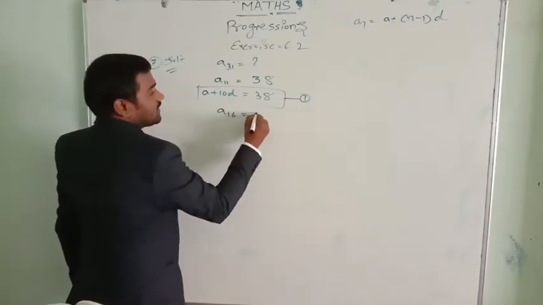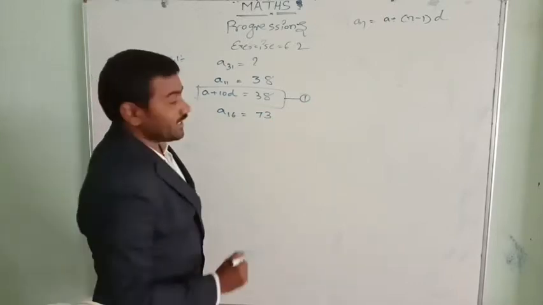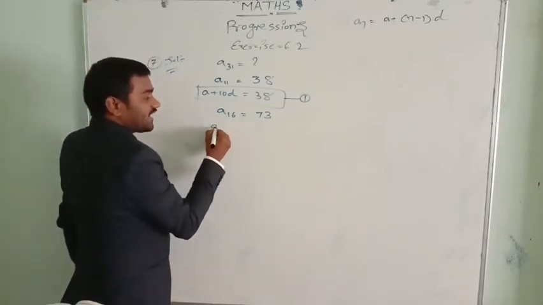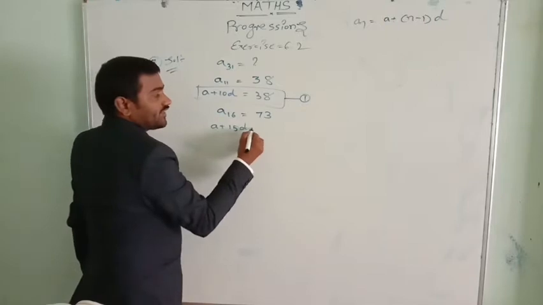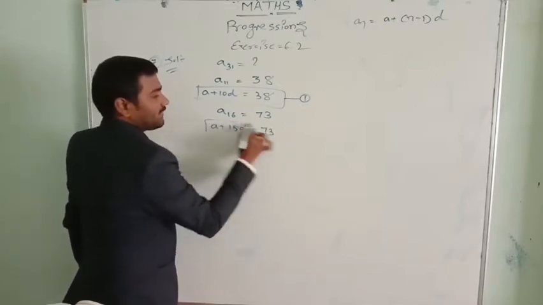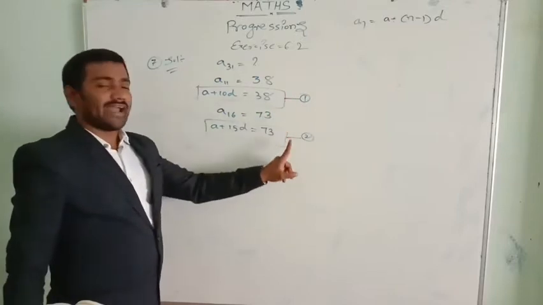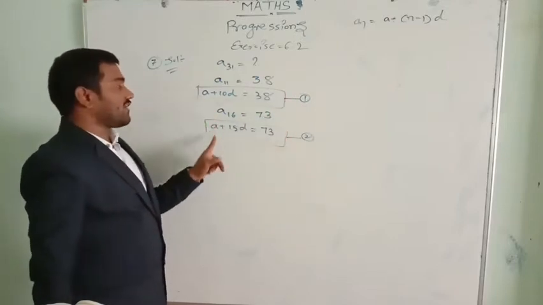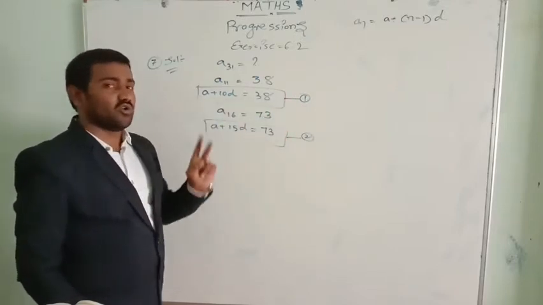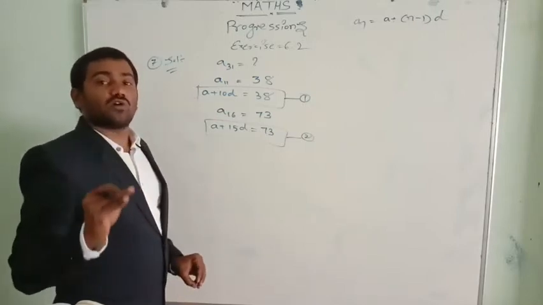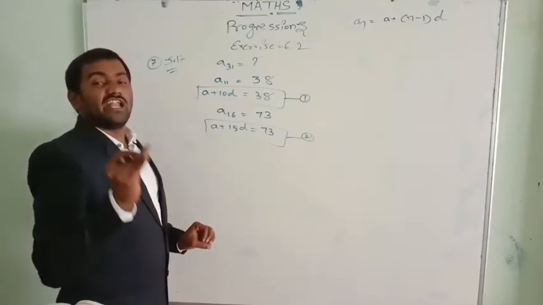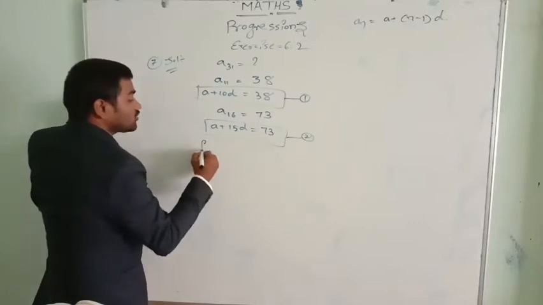A16 is 73. A16 we can write as A plus 15D equal to 73. So this is equation number 2. Both A and D are unknown, so we need to solve these equations by the elimination process.